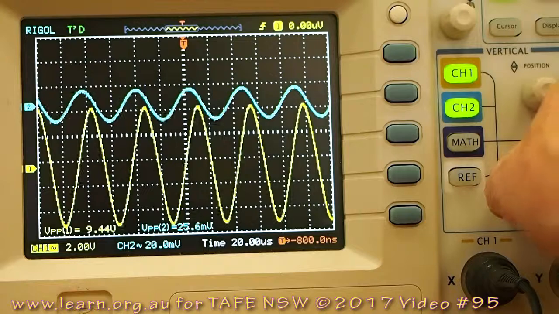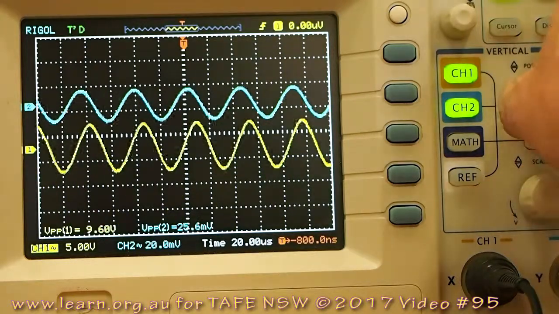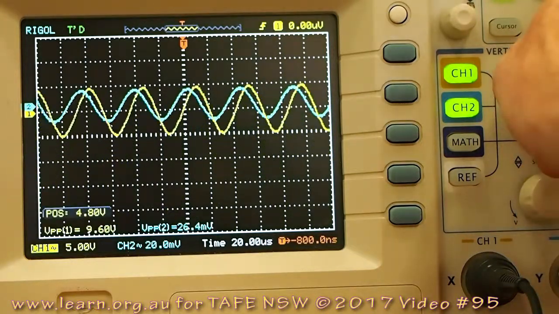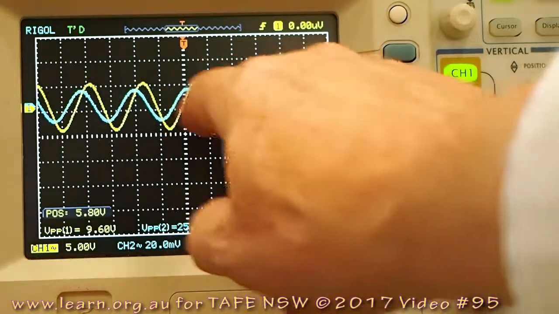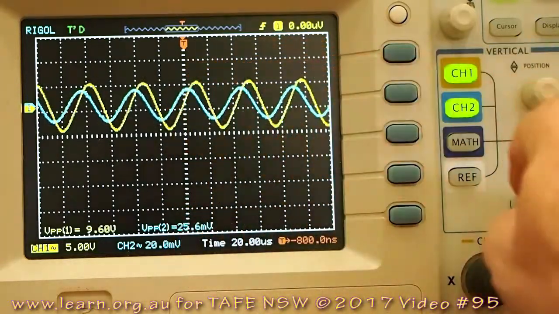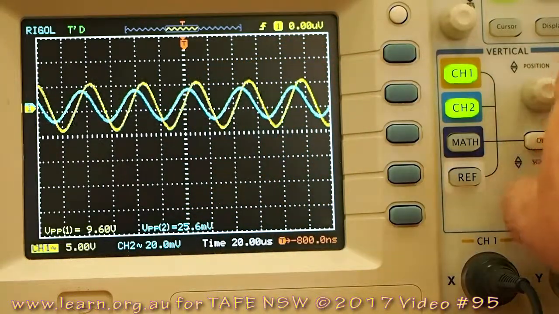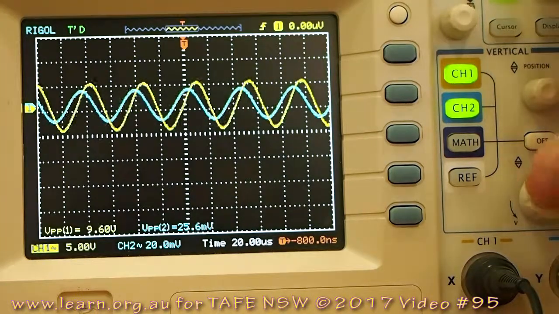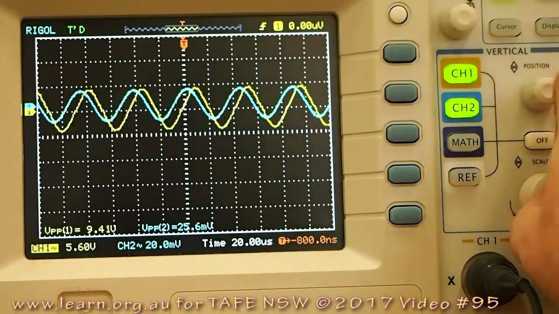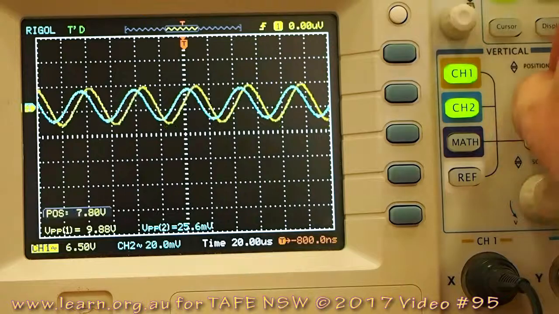Again, it would have been nice if I could have put the two waveforms together there, but I have got that phase difference. If I could have got the waveforms at the same level, anyway, I'll use that vernier function there.